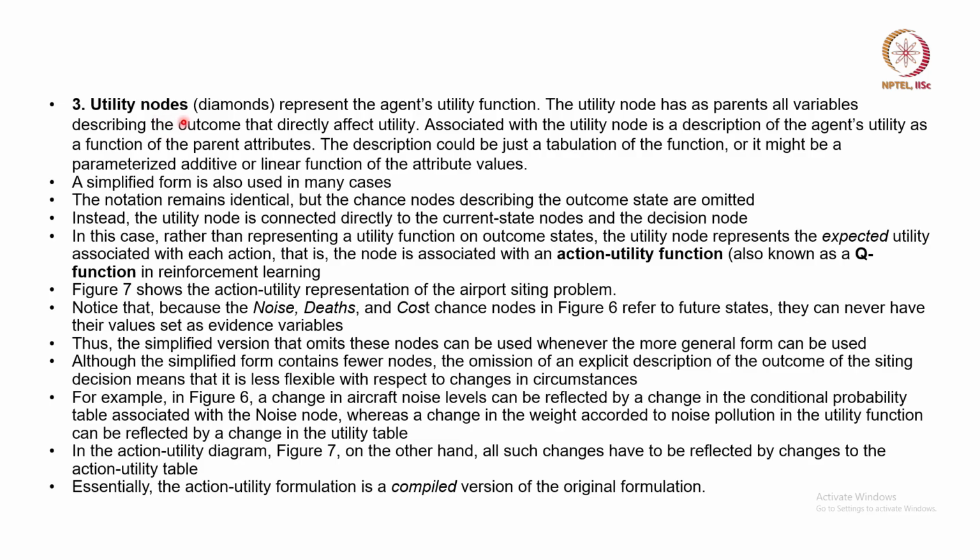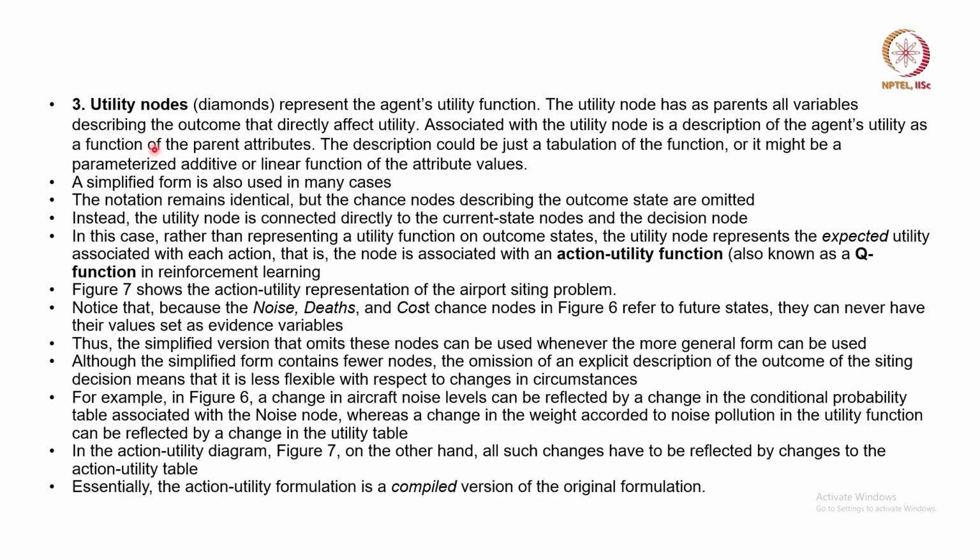Then the third one is the utility nodes. The utility nodes represent the agent's utility function. It will give the utility for the different sites that you are going to check out, and that will help you decide which site you are actually going to use.